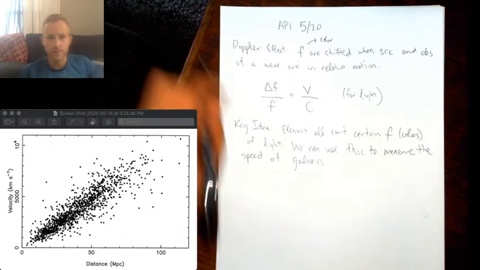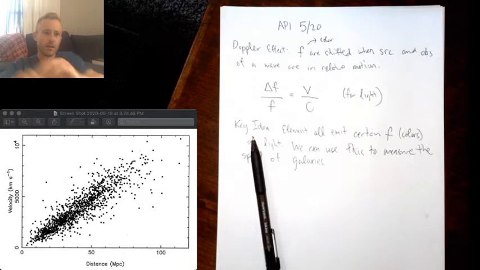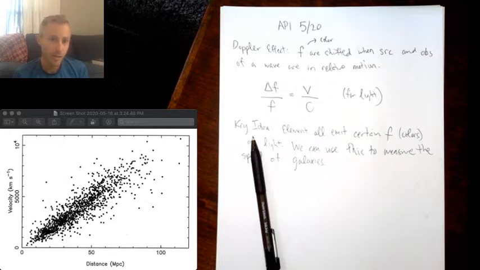So what we do, now what element do you think most galaxies are made out of? The most prevalent element in the universe is hydrogen. Hydrogen emits certain frequencies of light, and we know those frequencies very well. So we know that the galaxy is going to be emitting the frequencies that correspond to hydrogen.